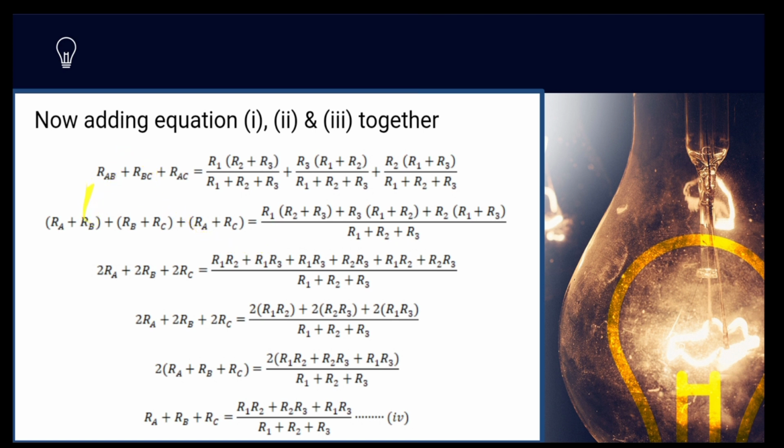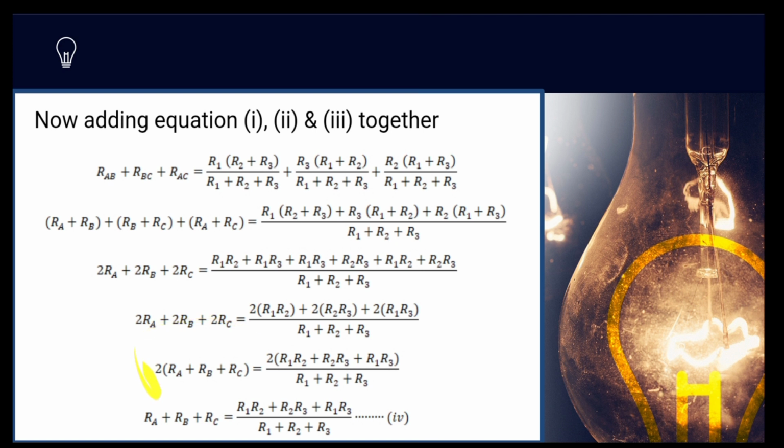By replacing from the star network, RAB is equal to RA plus RB, RBC is equal to RB plus RC, RAC is equal to RA plus RC. Replacing with this, we get 2RA plus 2RB plus 2RC is equal to, by solving, R1R2 plus R2R3 plus R1R3 twice, divided by R1 plus R2 plus R3.